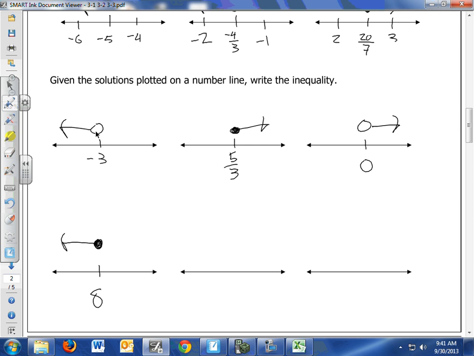Okay? I look at this. I say, okay, all my solutions are over here. All my solutions are less than and not including negative 3. We can say my solutions, x, are less than and not including negative 3. That's one way to write it. What's another way to write it?